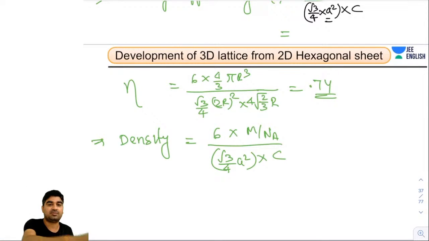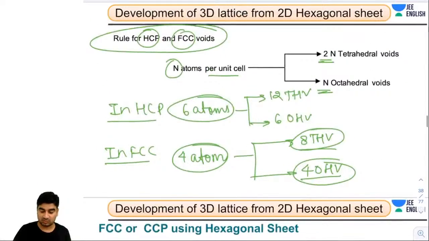And now you know if there are n atoms, then there would be 2n tetrahedral voids and n octahedral voids. Yes, guys. Tell me if you have any doubt, please ask.